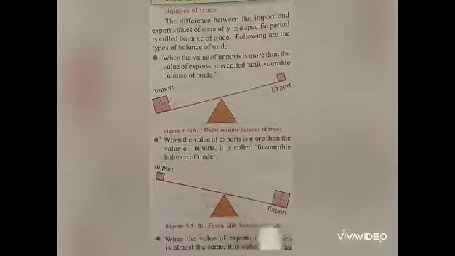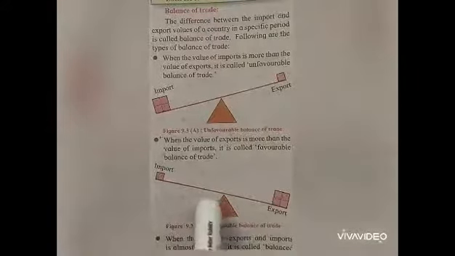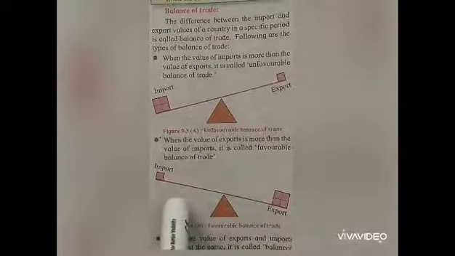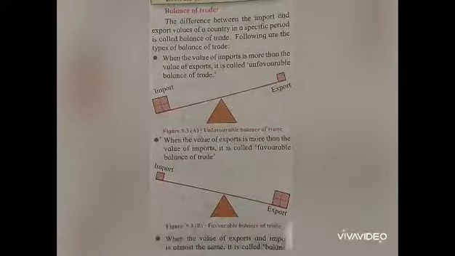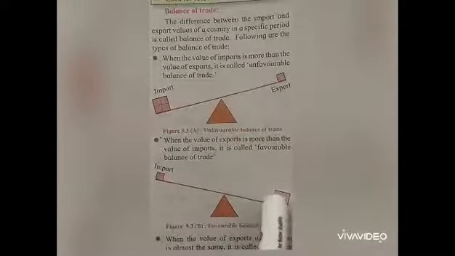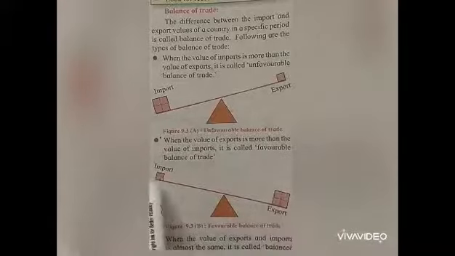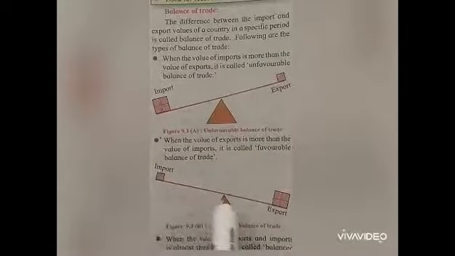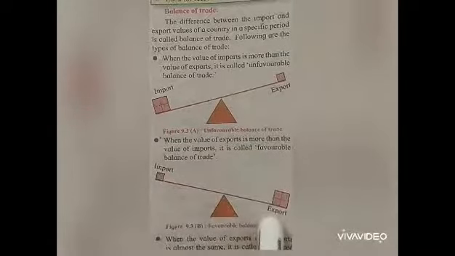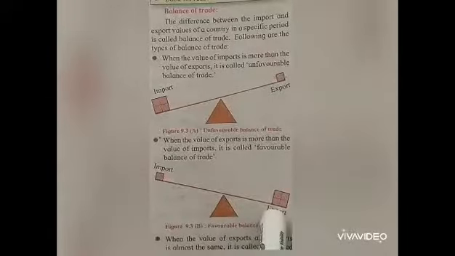So this is favorable for the growth of a country. So it is called as favorable balance of trade. So here you can see the value of export. The value of export is more than the value of import. So such type of balance of trade is called as favorable balance of trade.